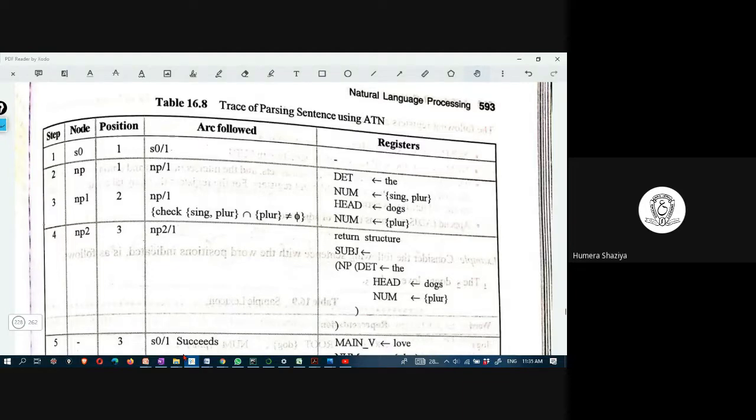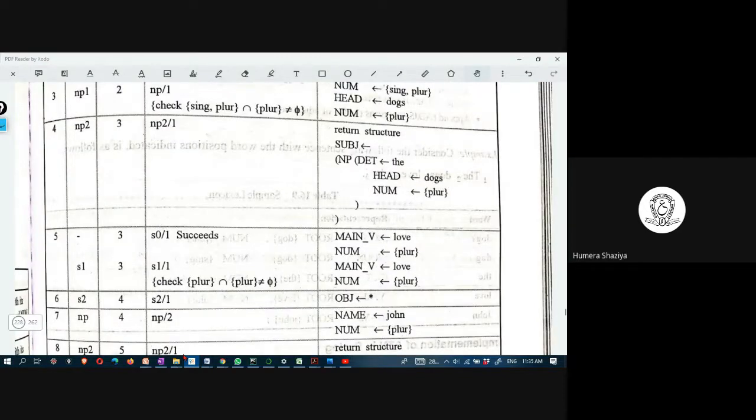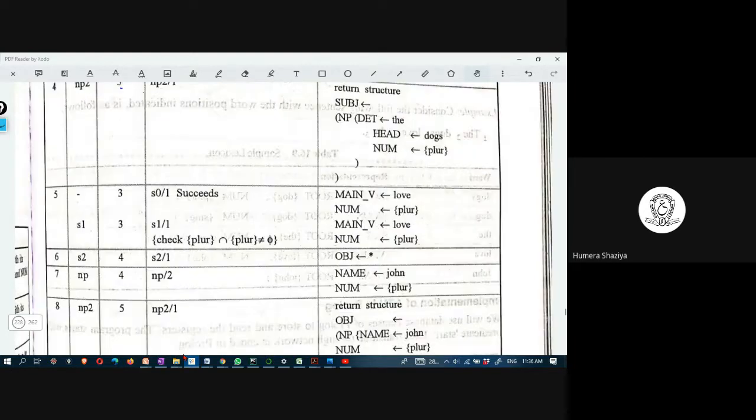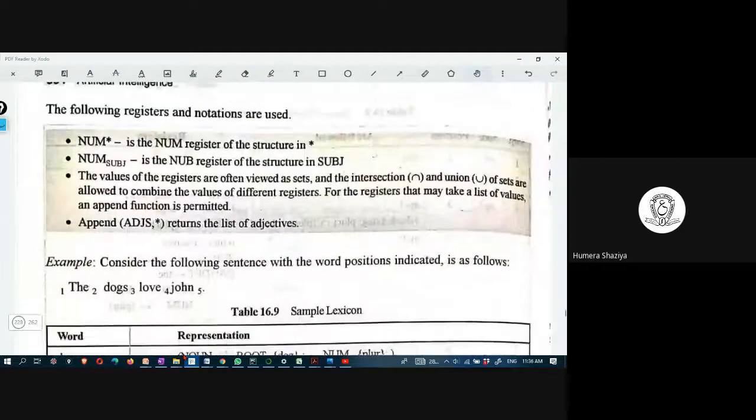There is a plural verb. When it is in NP2, NP2 by 1, by using 3, it can return the structure subject, noun phrase, determiner, the head is noun, number is plural. And when it is S1 by 1, it succeeds. The main verb is something, number is plural.